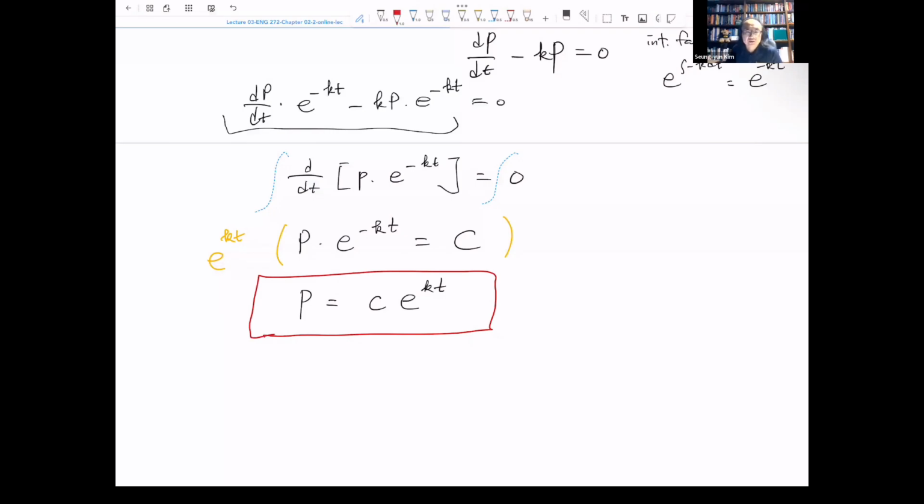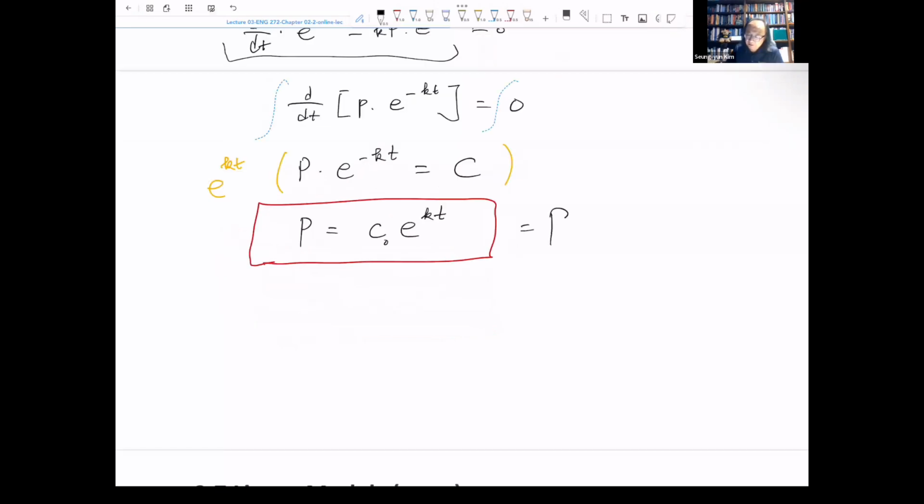It depends on the variable you are given. You can use all of those. And basically, C is the C naught, and this is the same as P equals P naught e to the kt. When you solve the differential equation, we always use the initial condition to find the C.